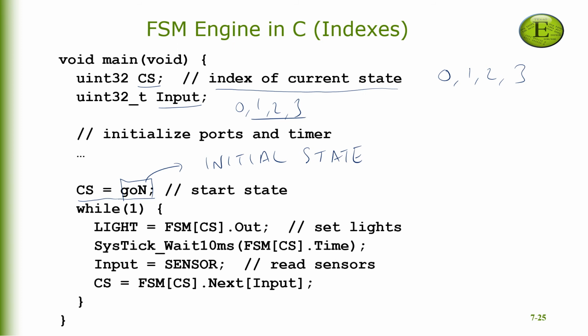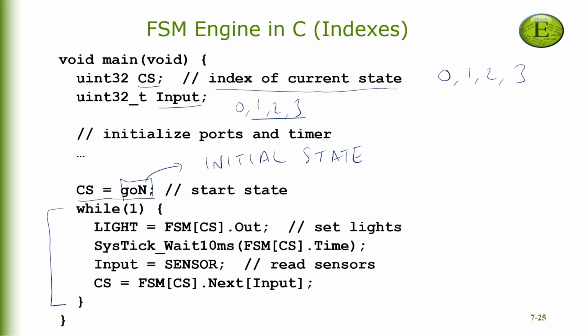And then we enter an infinite loop. Whenever we want our microcontroller to keep executing what is inside the loop and never to exit, unless of course we want to hand over the control to some operating system that we may be interested in.